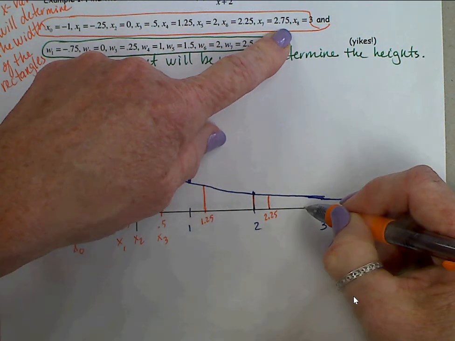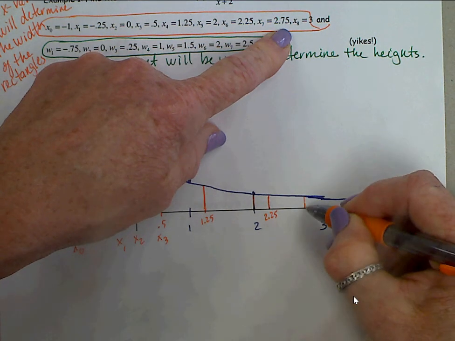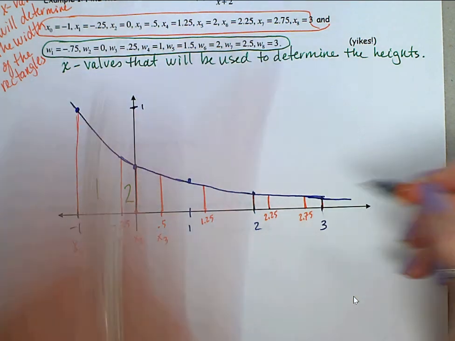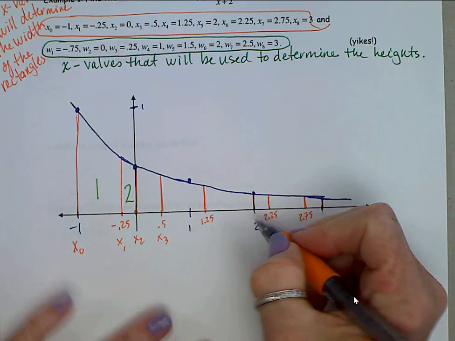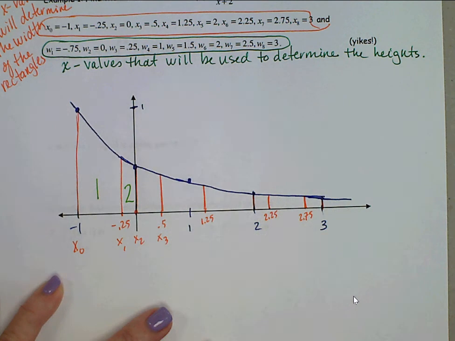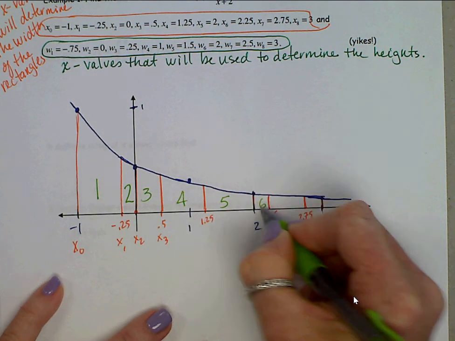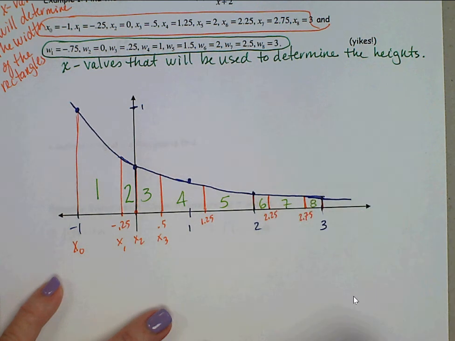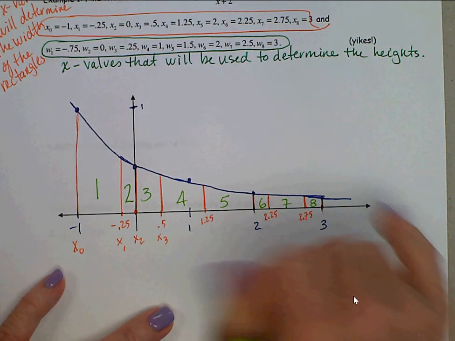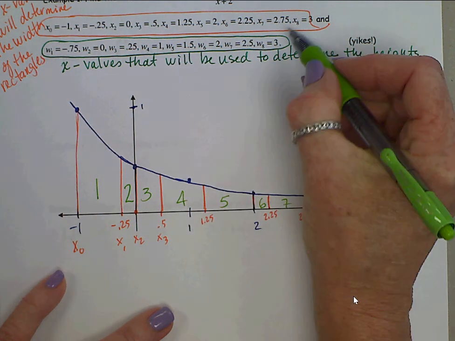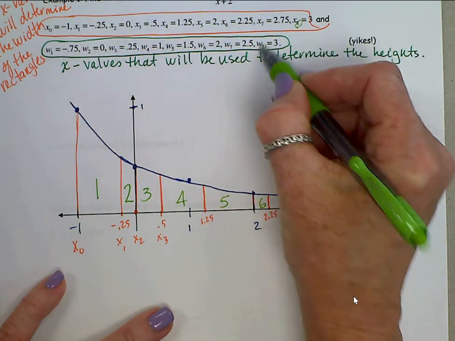Seventh at 2.75. And the eighth at 3. Three, 4, 5, 6, 7, 8. Notice the number of sections here, which will be the number of rectangles, has to match this subscript here and here.